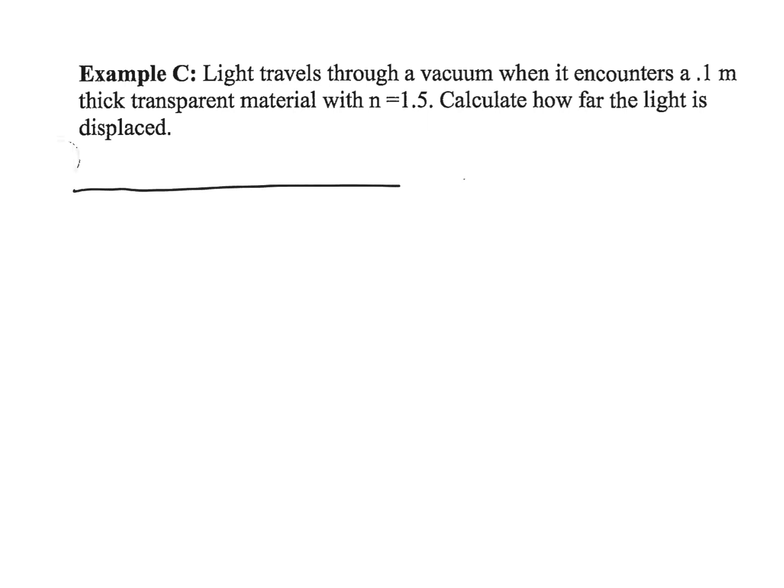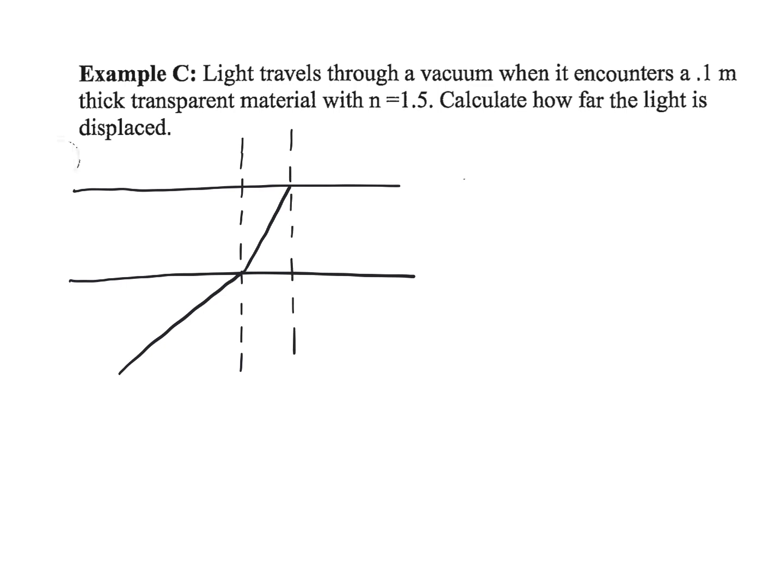So I've got this and I got it coming in here, going this way. Got another normal, don't I? And now it's bending back that way. So I have theta sub 1. And guess what? This is also theta sub 1, isn't it?